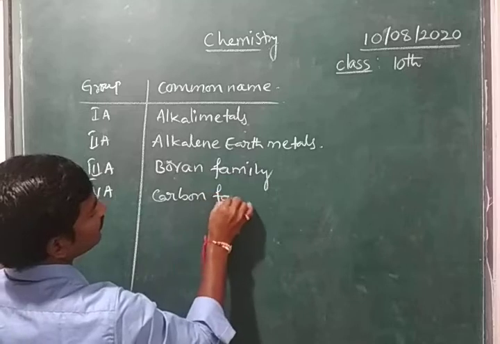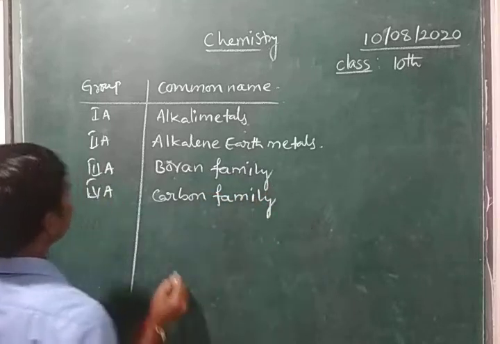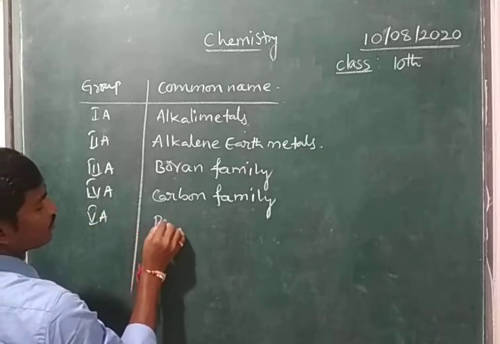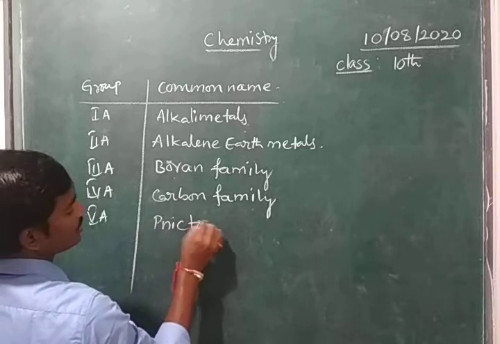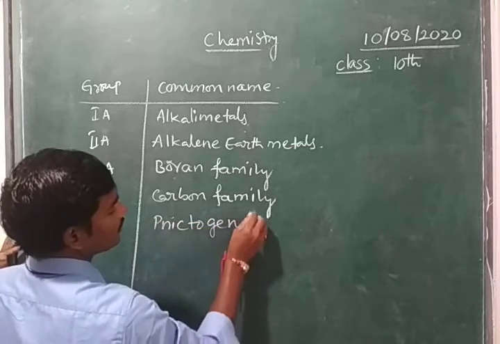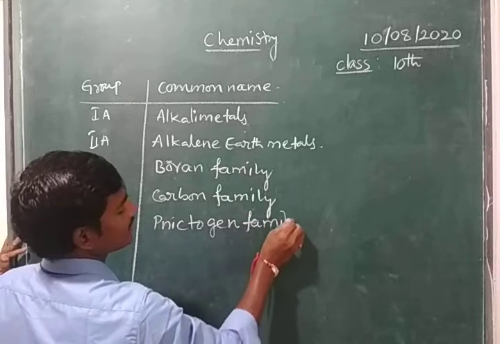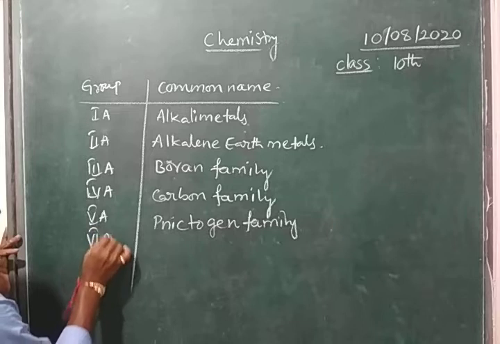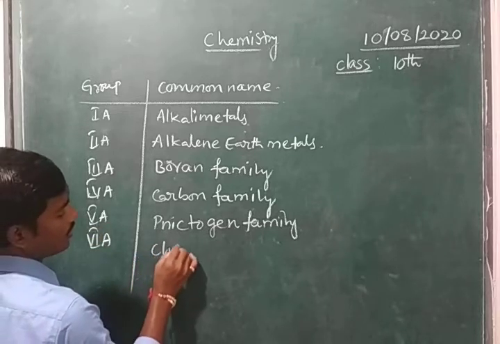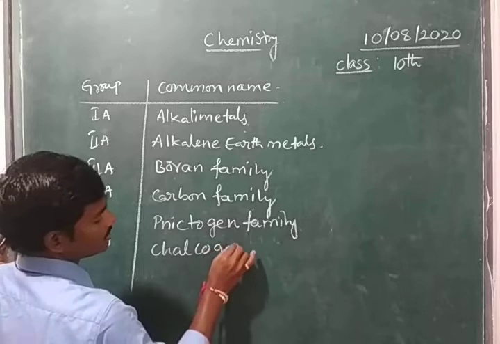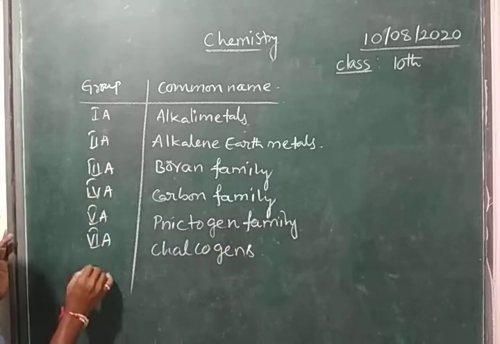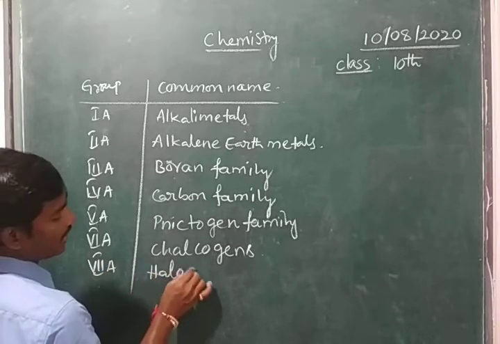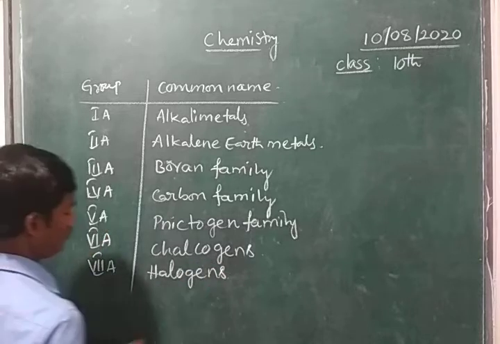Fifth A group is the nitrogen family or pnictogen family. Pnicto means poison. Sixth A group elements are chalcogens. Seventh A group elements are halogens.